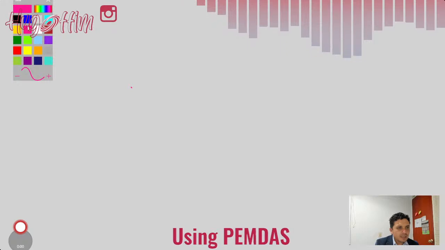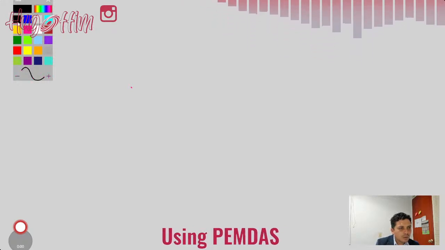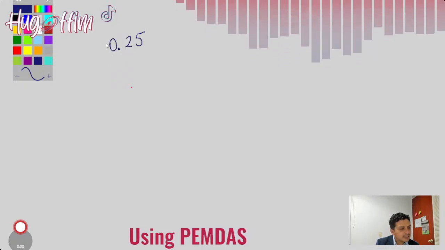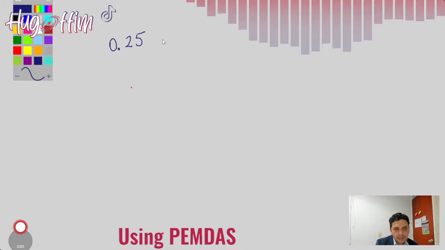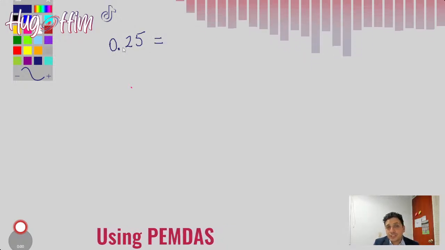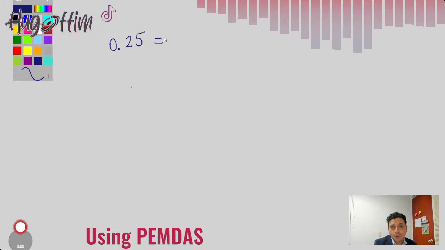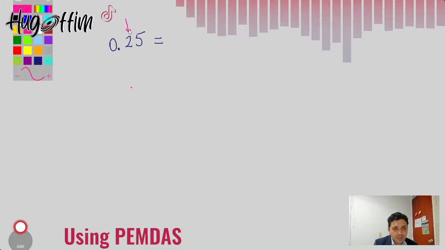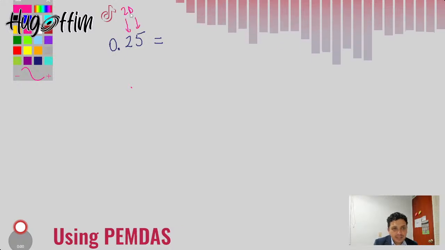But usually, if you have 0.25, this decimal, and you want it as a fraction, just remember that a decimal is just a representation of a denominator that is a power of 10. So in this case, you must count how many decimal places you have. I have 2 decimal places.